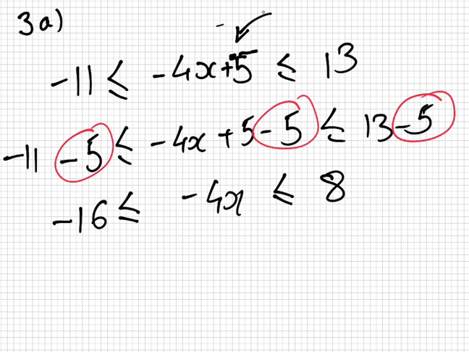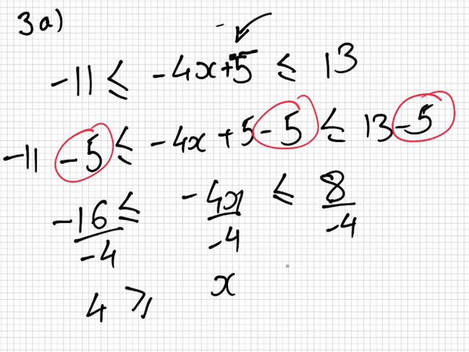That's better. Now, what do I do next? I want to get rid of the minus 4. So I should divide everything by minus 4. Minus 4, minus 4, minus 4. But don't forget, flip them around. So this one here would be 4, but it's flipped, x, and it's flipped, and here, minus 2.